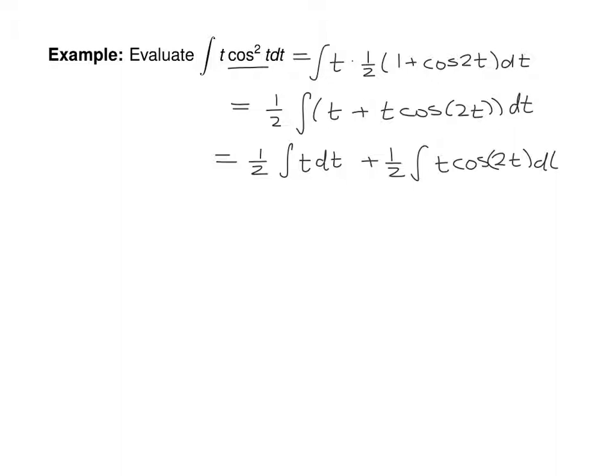And the foresight that I had was that I can do integration by parts if I have cosine of something. But cosine squared of something is more tricky, so use the half angle to change that cosine squared. And now this first integrand, super easy. The antiderivative of t is 1/2 t squared. So multiplying the 1/2 by the 1/2 you get by antidifferentiating, you're going to get 1/4 t squared.